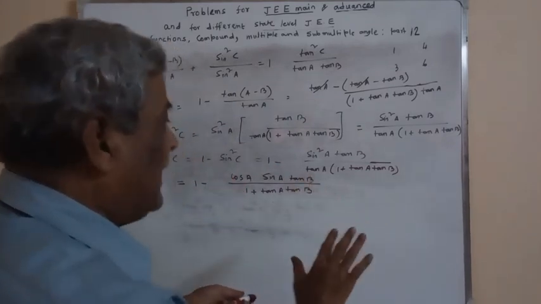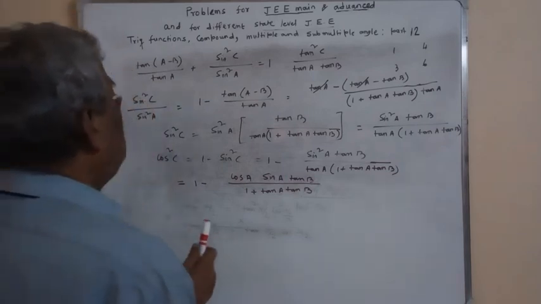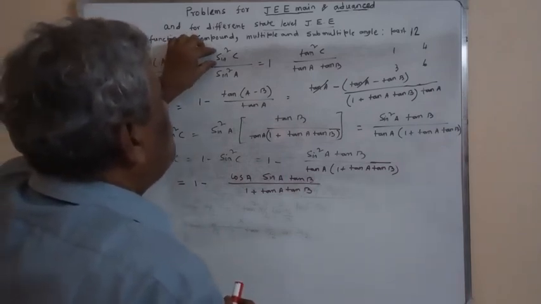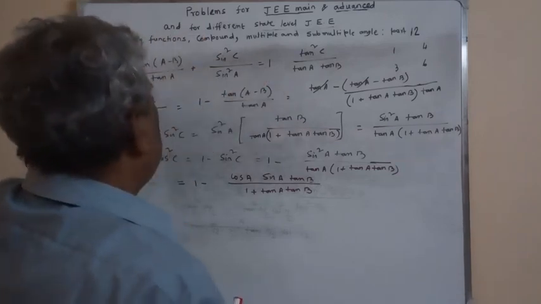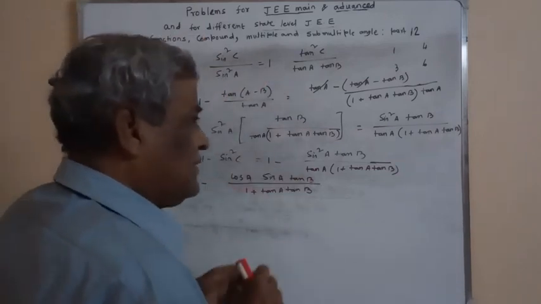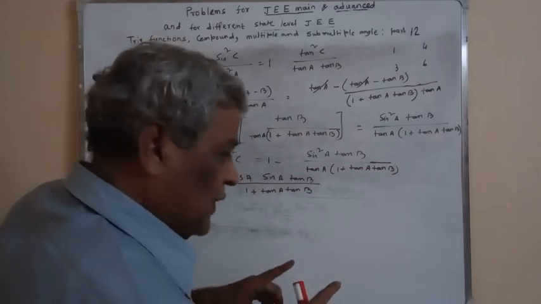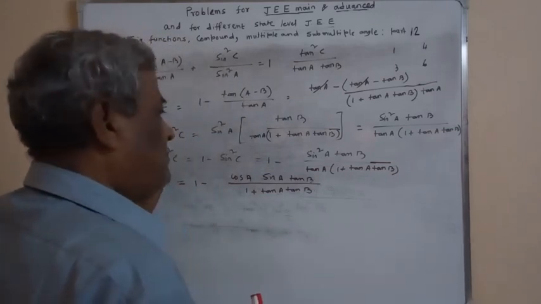Let us drop that problem. So from here, we have to find the value of sine squared c from this relation. Simplify it, and then from sine squared c, obtain cos squared c.